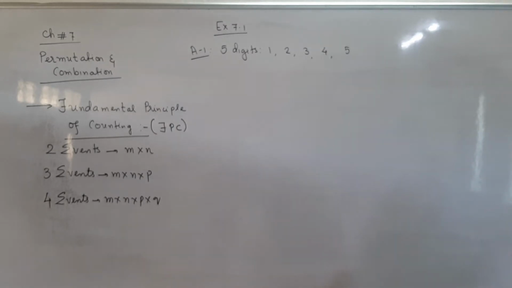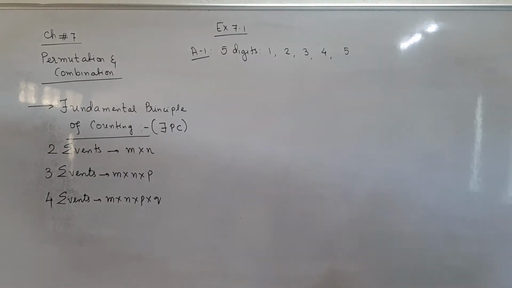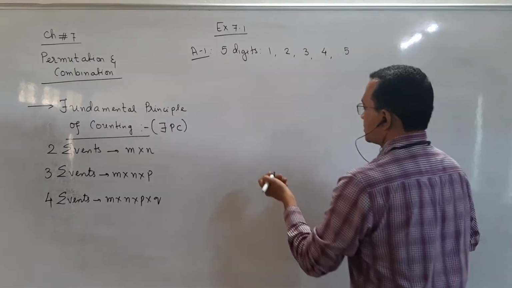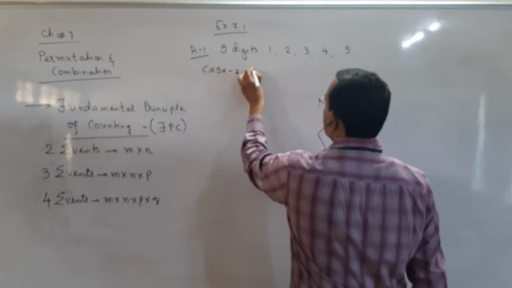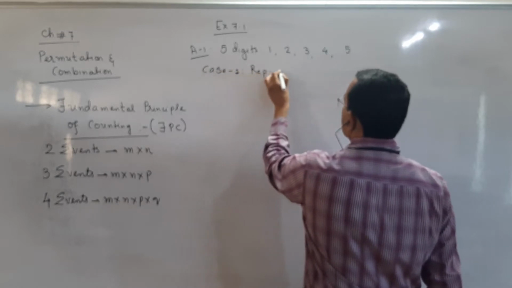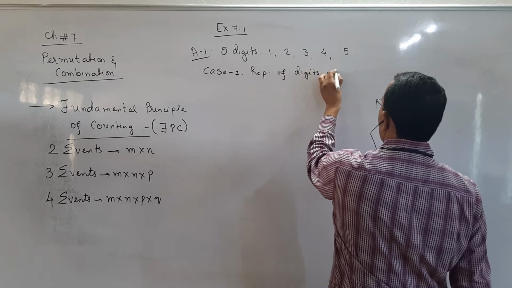Using these 5 digits, you are supposed to form 3-digit numbers, where in the first case digits are repeated in the number, and in the second case digits are not repeated in the 3-digit number. So we do the sum in 2 cases. Case 1, repetition of digits allowed.